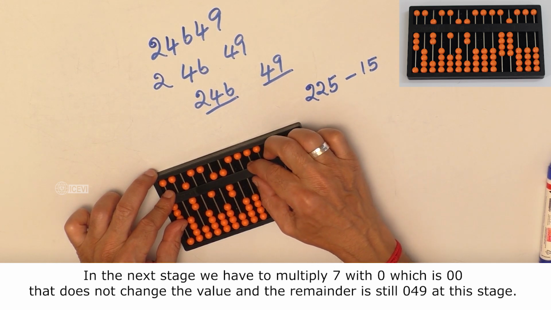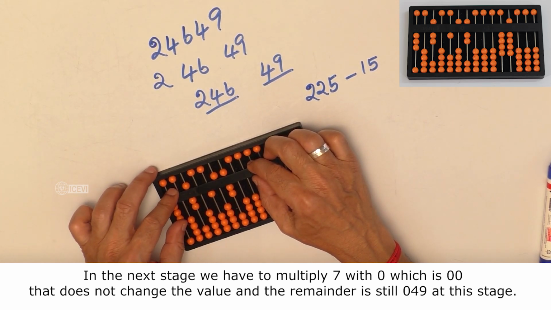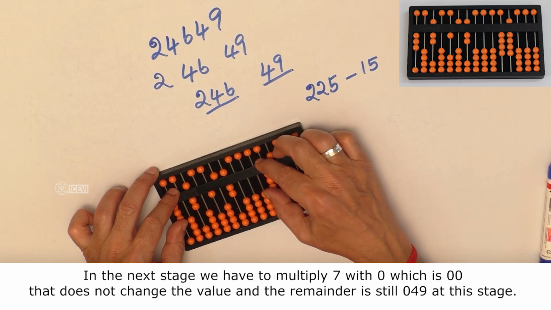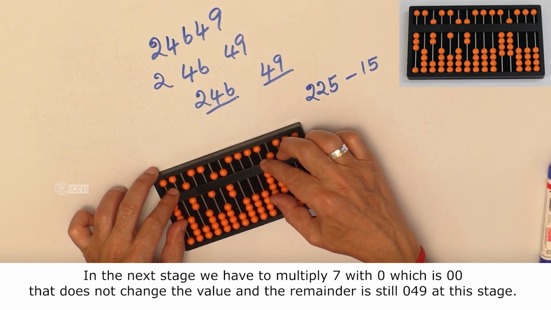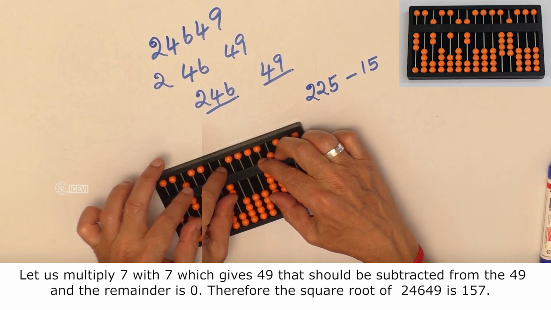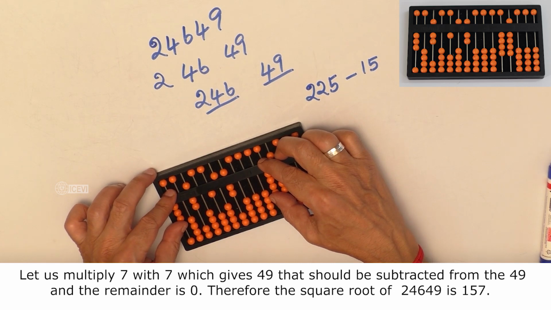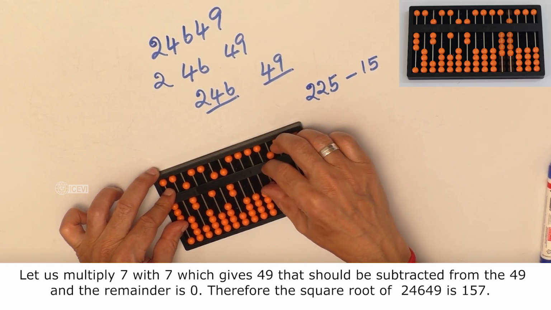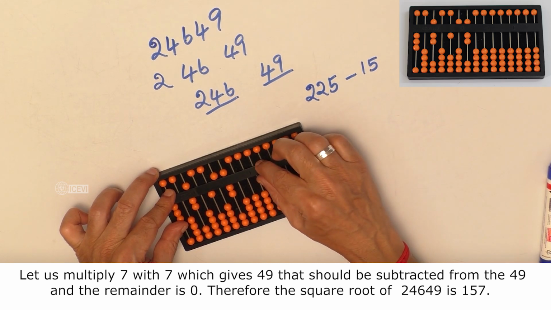In the next stage, we multiply 7 with 0, which is 00, and that does not change the value. And the remainder is still 49 at this stage. Let us multiply 7 with 7, which is 49. That should be subtracted from 49, and the remainder is 0.